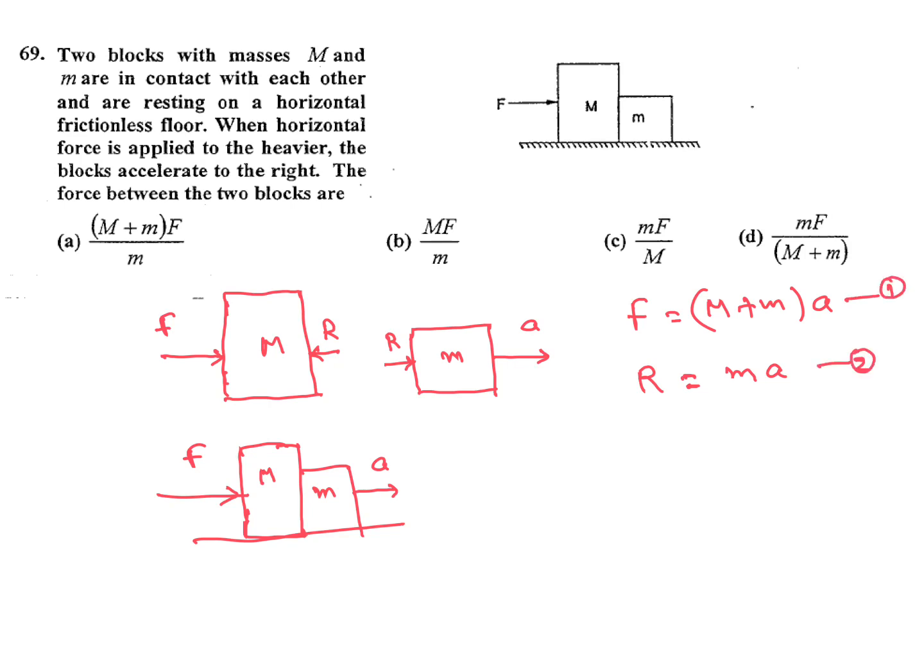From equation 2, we will get the value of A and put it in equation 1. Then we will get F equals M plus m into A. A, how much? From equation 2 we will get R by m.